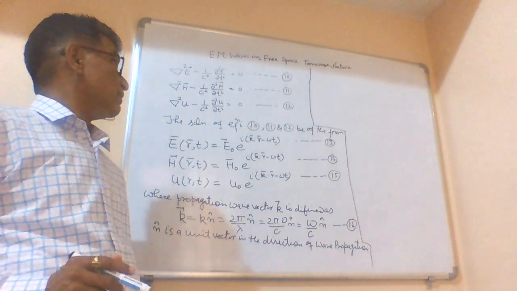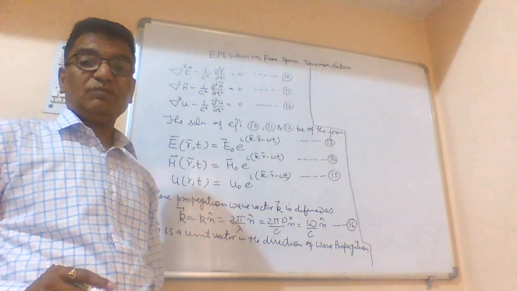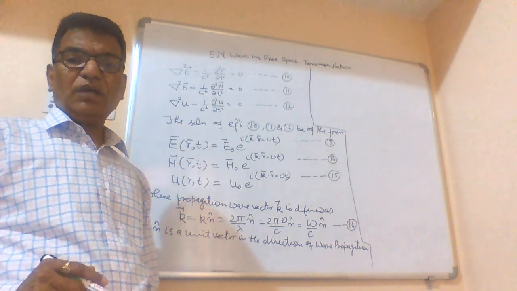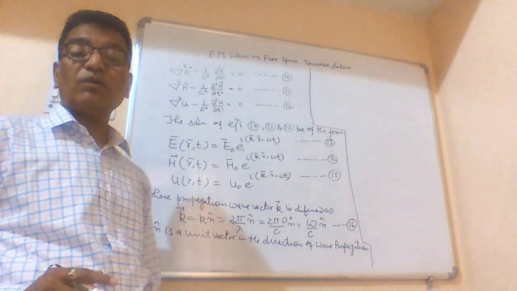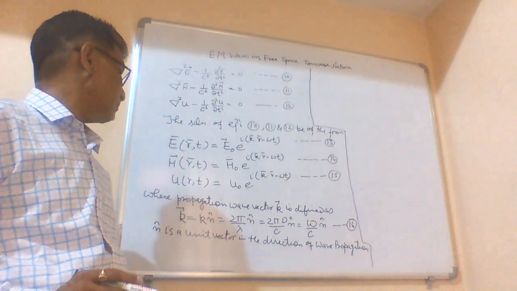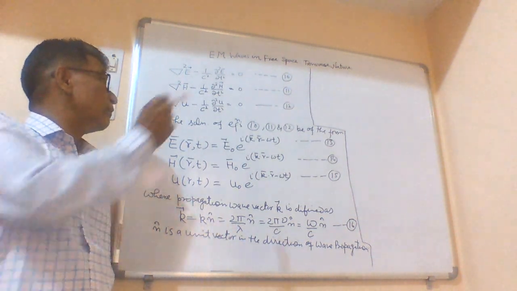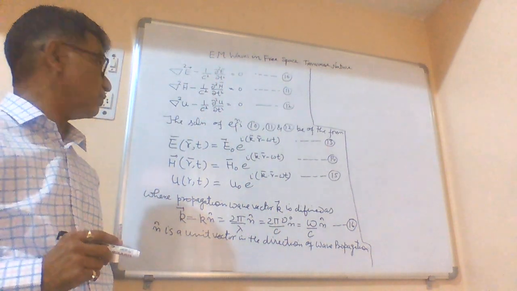Our today's lecture is electromagnetic waves in free space, transverse nature of electromagnetic waves. In our previous video, we have derived the equations for the field vectors, electric field, magnetic field, and some scalar function U. Del square E minus 1 upon c square delta 2 E upon delta t2 is equal to 0.